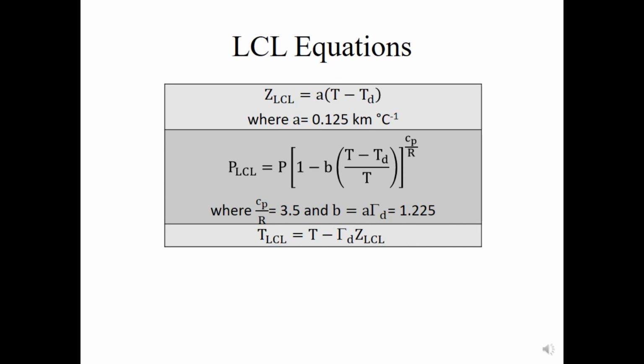Or we can estimate the pressure of the lifting condensation level using the second equation. Or we can estimate the temperature of the LCL by using the third equation, which is equal to the actual temperature minus gamma_d, the dry adiabatic lapse rate, times the height of the lifting condensation level, Z_LCL.